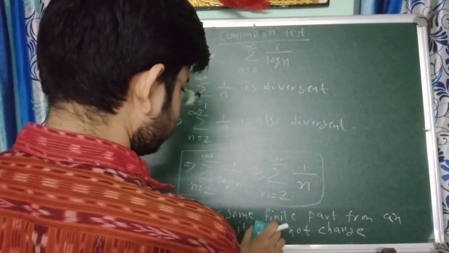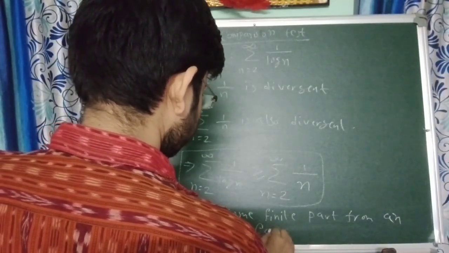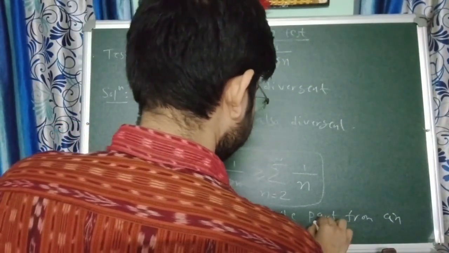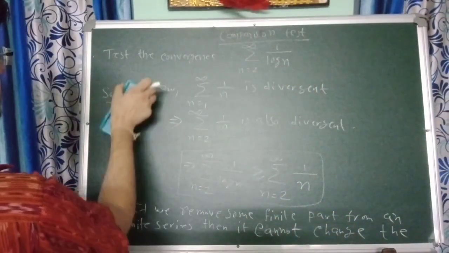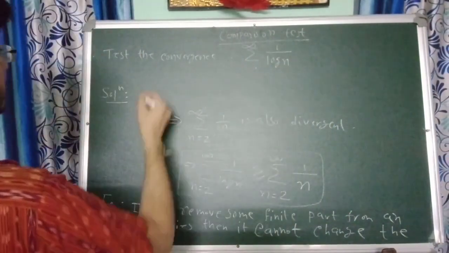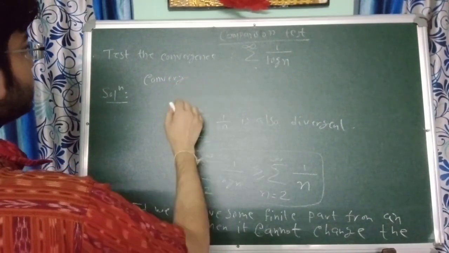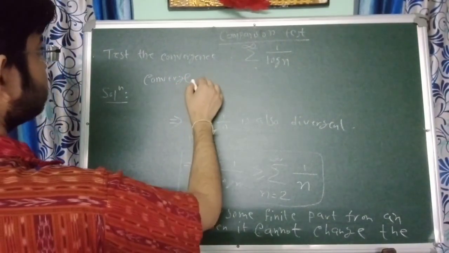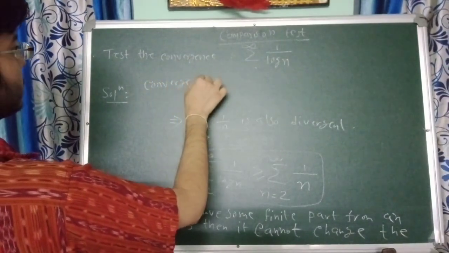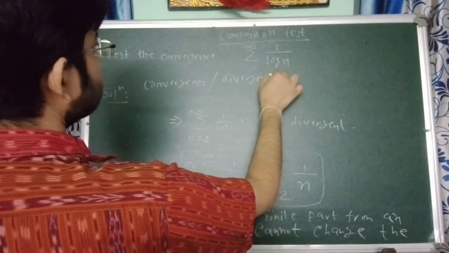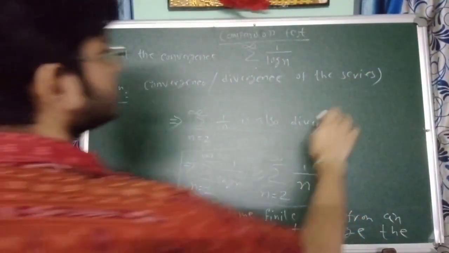Or rather we say that it cannot change the convergence or divergence of the series. This is the main cause.